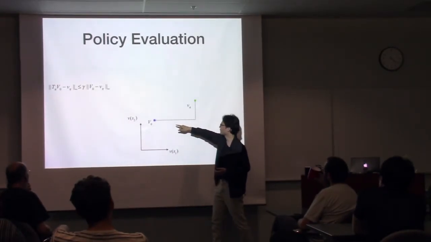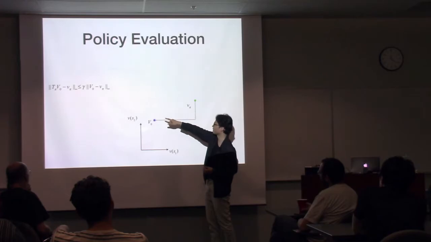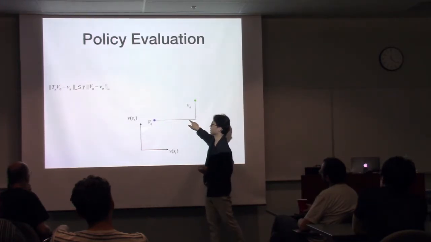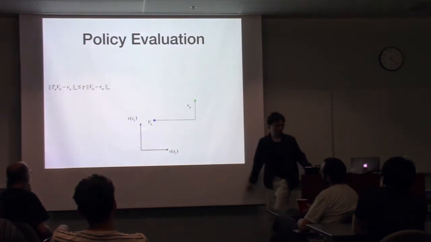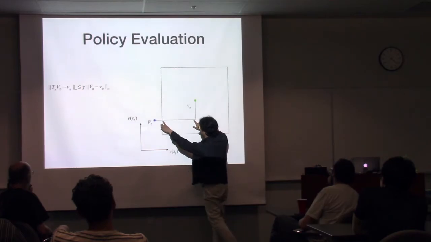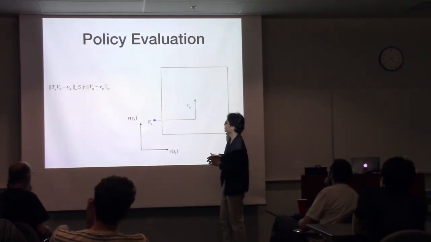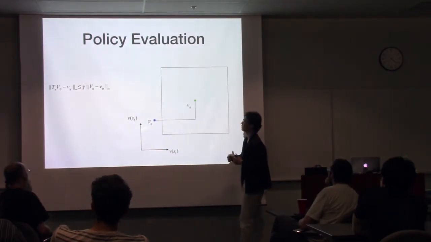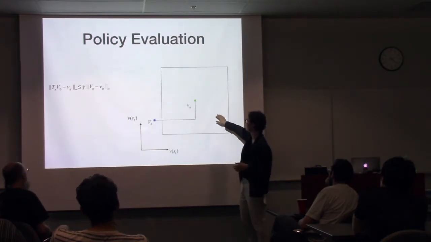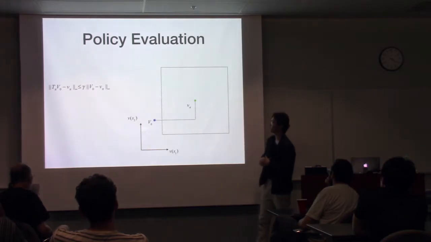So V0 minus V pi under the max norm is the magnitude of this line segment. We multiply it by gamma, which gives you this part. Now you see that as long as you apply the Bellman operator T pi to V0, the result is going to be inside this square.